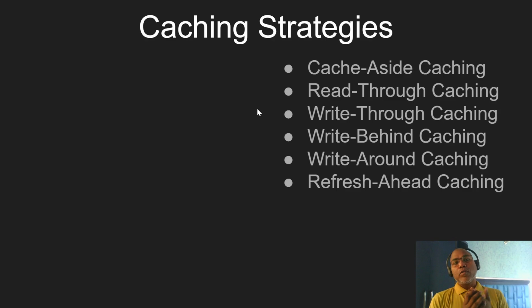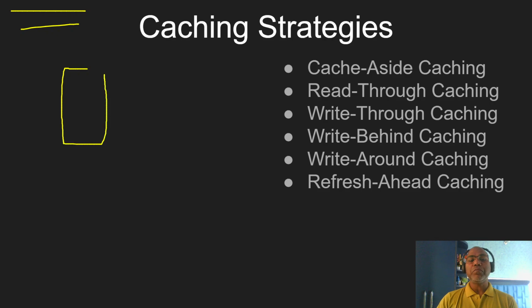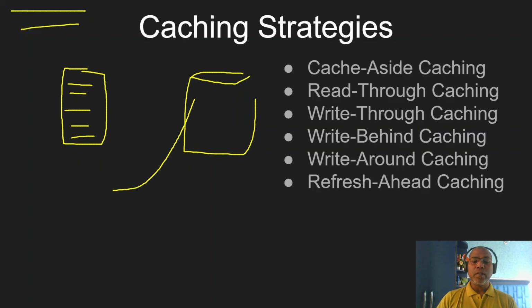So let's talk about the different kinds of caching strategy. A strategy means whenever I discuss cache hit, cache miss, cache eviction. That means whenever our cache is full, and from the original data source I receive new data, where am I going to put it? To put it, we have to somehow remove an entry.